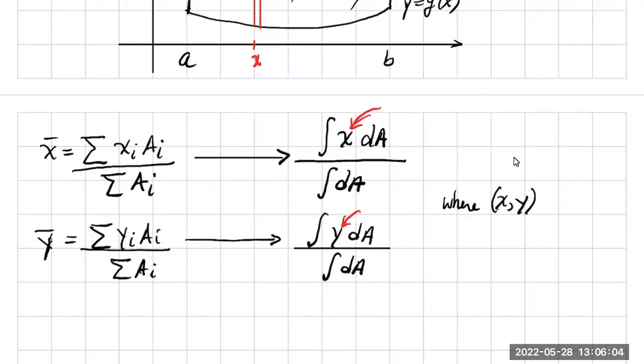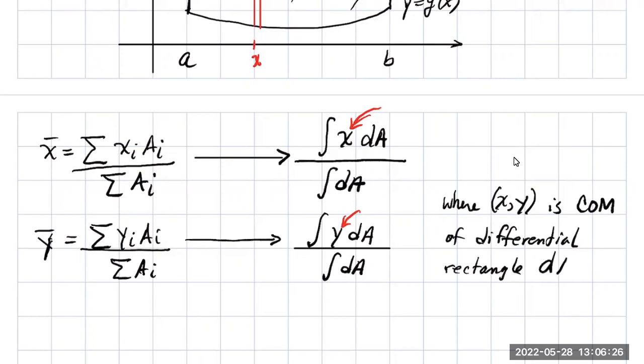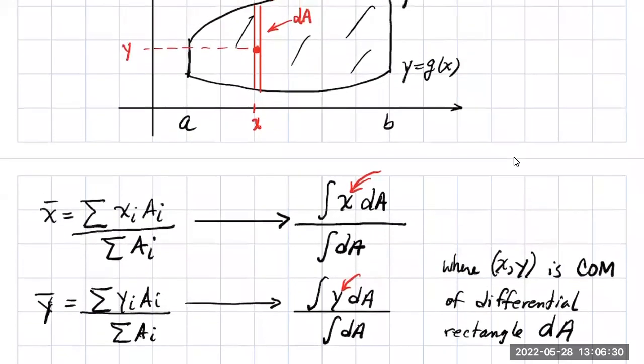So where the coordinates x and y is the center of mass of the differential rectangles. Okay? Notice the similarities now.